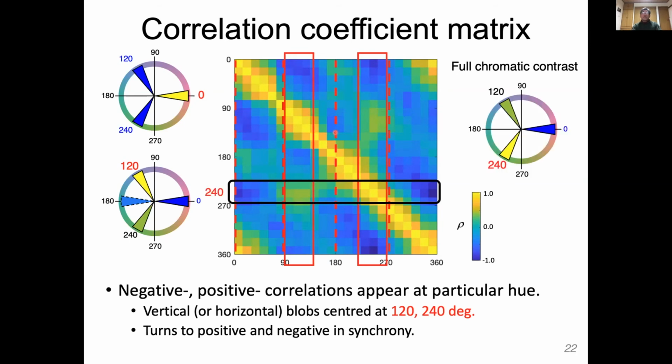And when the 240 degree system shows a positive correlation, 0 degrees shows negative, and 120 shows a weak positive correlation. That is what we have found so far, and it seems to be different from the 4 cardinal mechanisms.